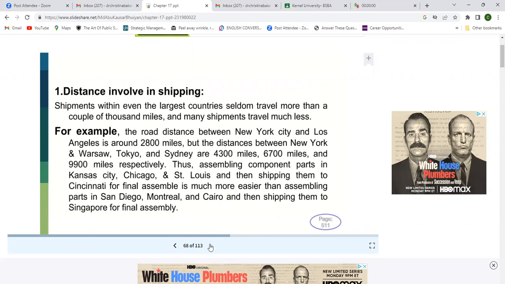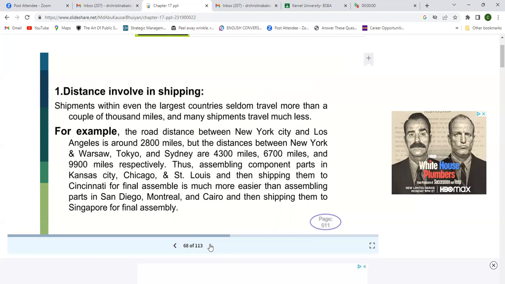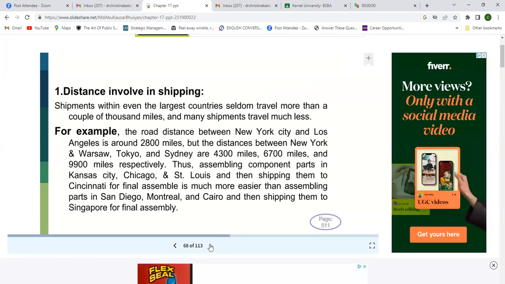Distance involved in shipping: shipments within the largest country seldom travel more than thousands of miles, and most shipments travel much less. For example, the road between New York City and Los Angeles is about 2,800 miles, and the distances from New York to Tokyo and Sydney are about 4,300 miles and 6,700 miles respectively.